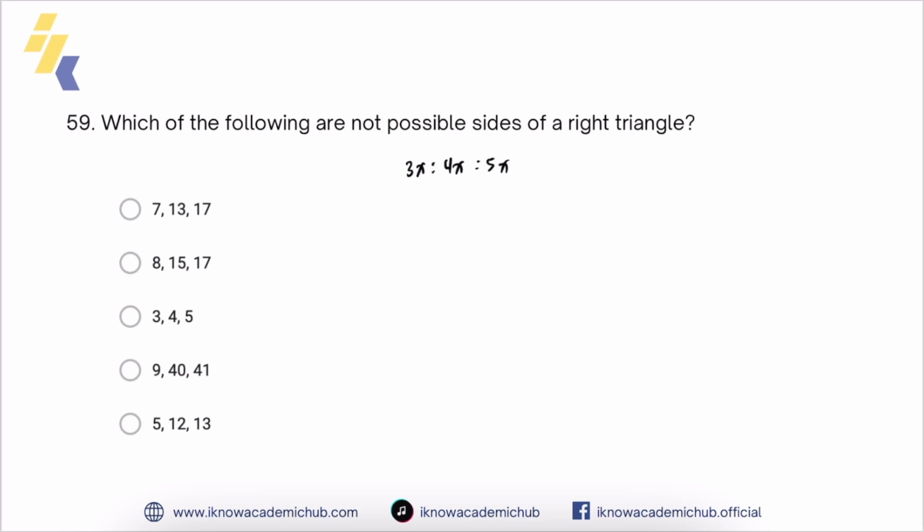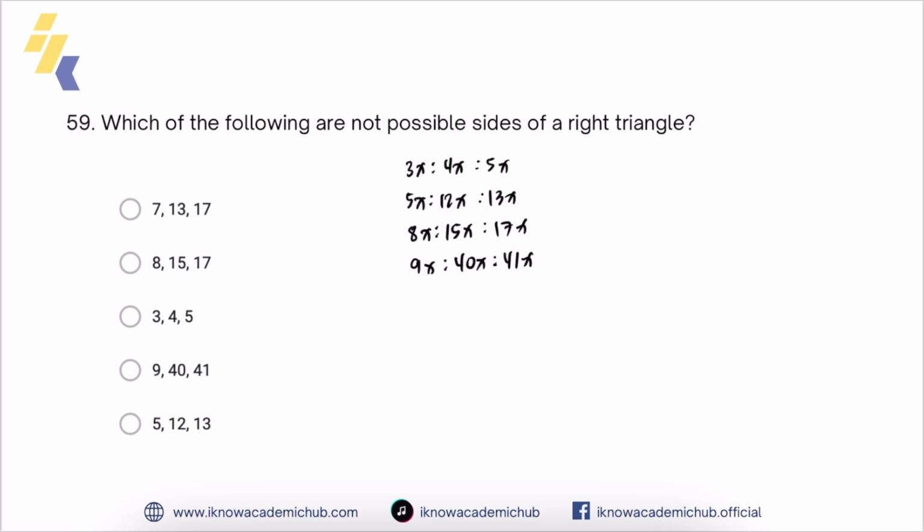Also, we have 5x is to 12x is to 13x. And we also have 8x is to 15x is to 17x. Also, we have 9x is to 40x is to 41x. And all the multiples of these sets of numbers.